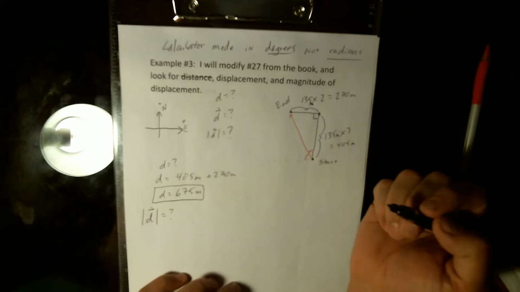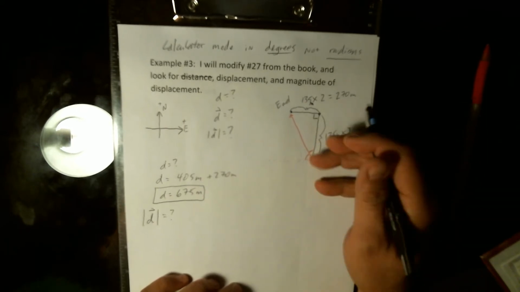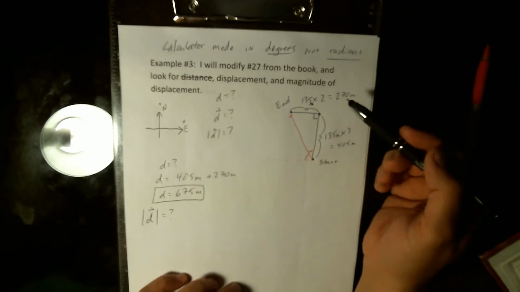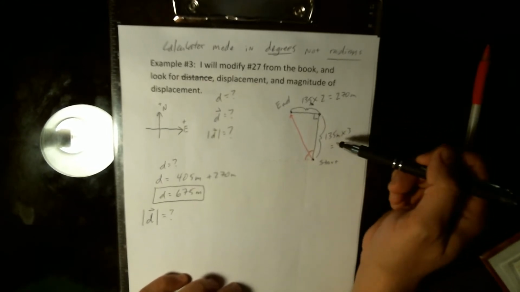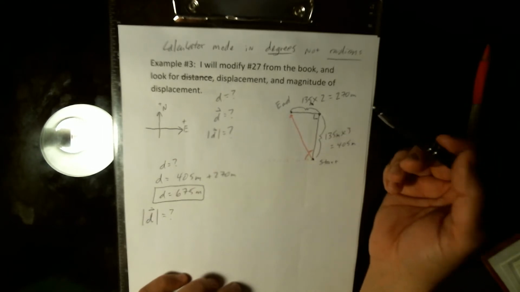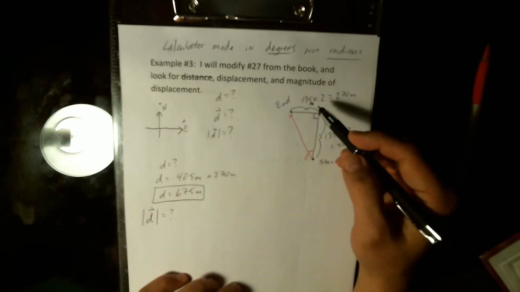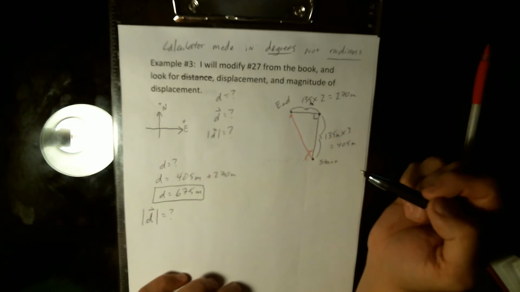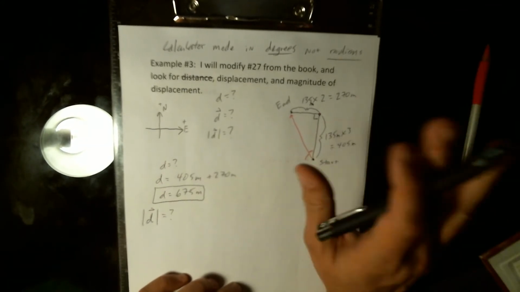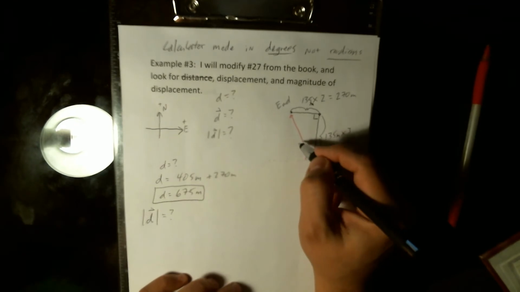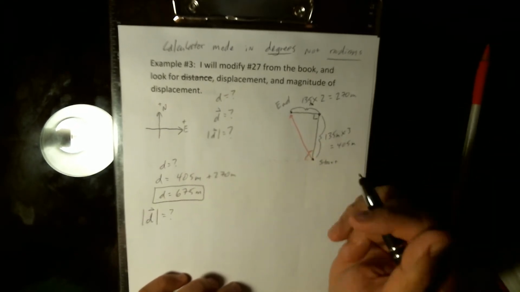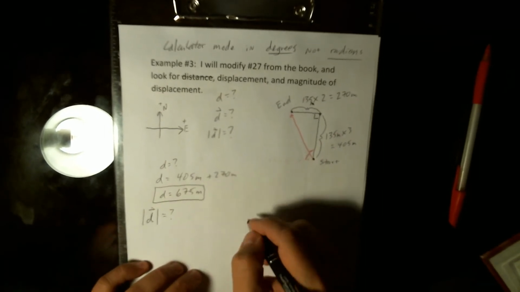The other two legs are called A and B. But a lot of you always ask, Mr. Williams, which one's A, which one's B? It does not matter. It doesn't make the slightest difference. This one could be A, that one could be B, or this one could be B, and that one could be A. All that matters is C is the hypotenuse, and then the other two are A and B. So Pythagoras' theorem says that C squared is equal to A squared plus B squared.